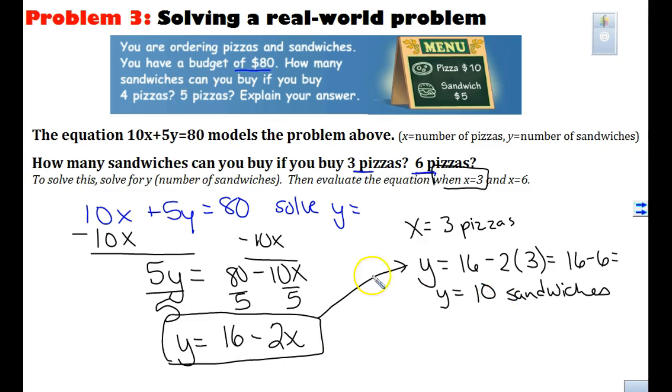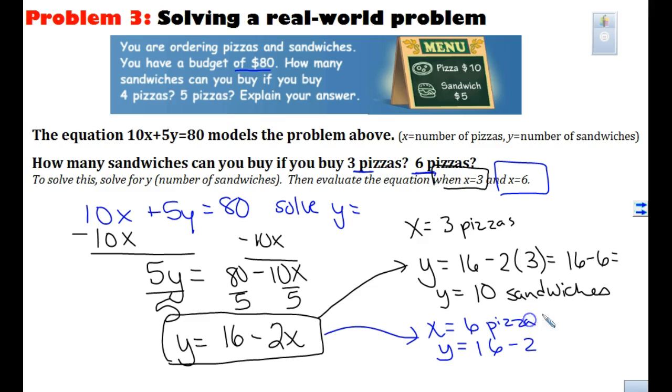It now says, what if you get 6 pizzas? So the only thing different here is that x equals 6. y equals, same equation, 16 minus 2, but now instead of x, we're plugging in 6.